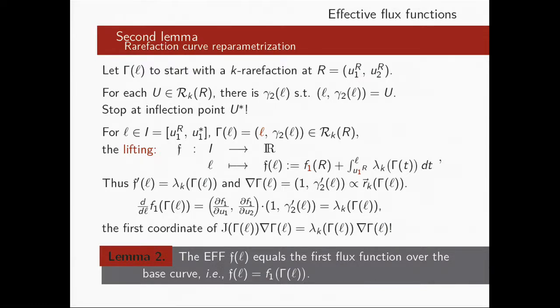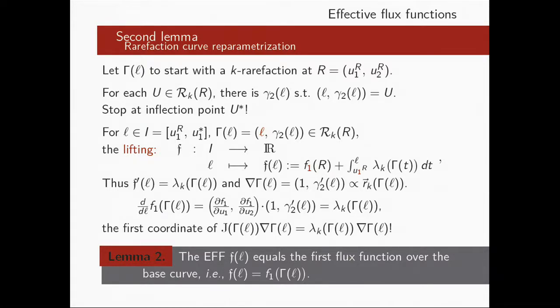That is, if I differentiate the first flux along the base curve, this is only the chain rule, but on the right I can guarantee that this is exactly the same value as the eigenvalue. Because, if you see, this is the first row of the Jacobian matrix, and as I said, this vector is parallel to the eigenvector.